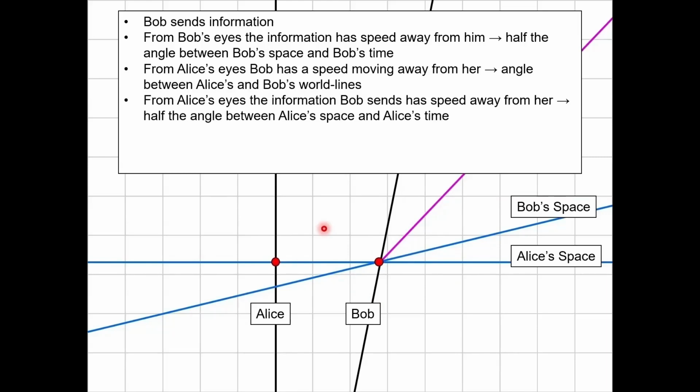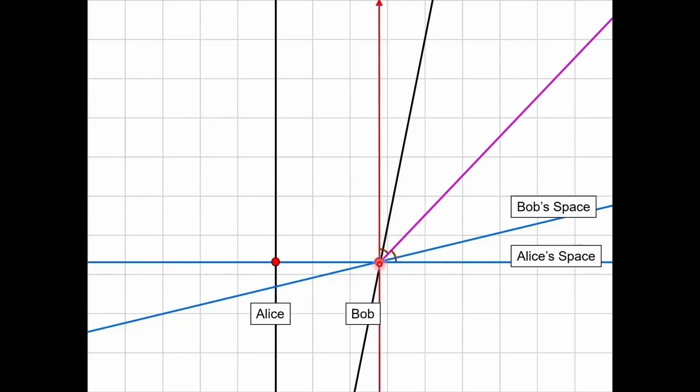And from Alice's eyes, the information that Bob sends also has speed away from her. There is an angle between the information track and Alice's world line. And again, this is half the angle between Alice's space and Alice's time. So this angle over here is equal to this angle over here.